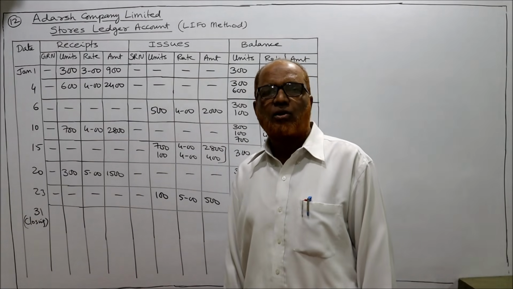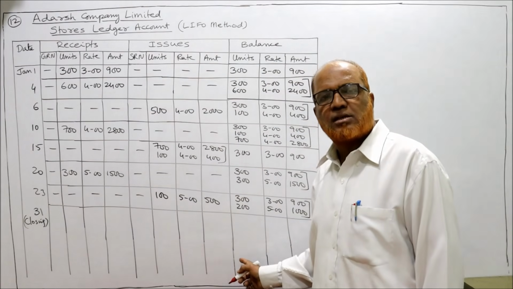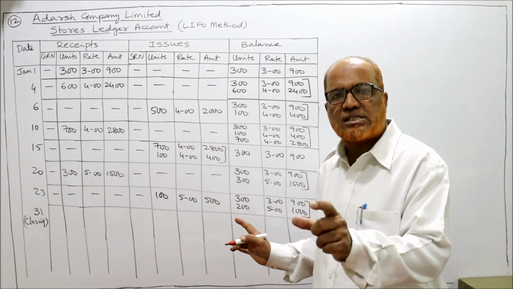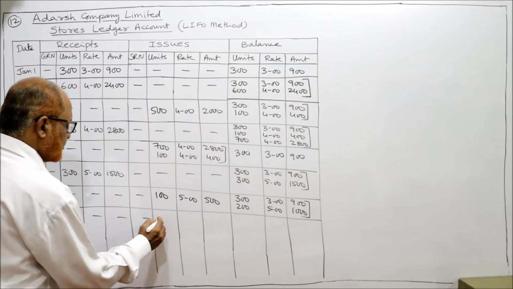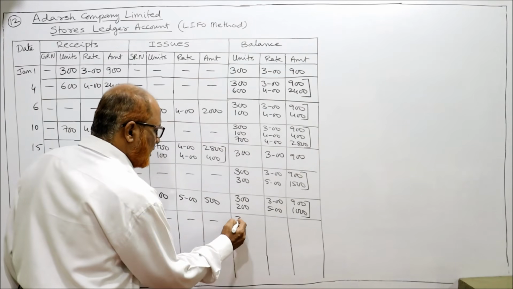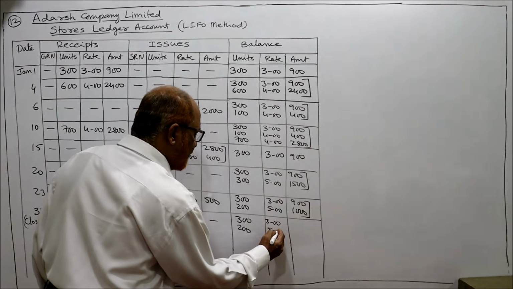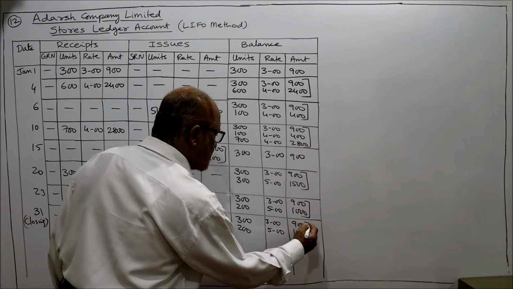We are closing the accounts on 31st January. So the 31st January closing balance is taken only in the balance column, nothing in the receipts and issues columns. 300, 200, 3 rupees, 5 rupees, 900, 1000.